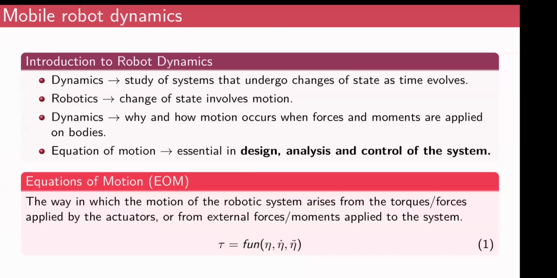Now we'll talk more about equations of motion. They describe the way in which the motion of the robotic system arises from torques or forces applied by the actuators, or from external forces and moments applied to the system, right? So it's basically a mathematical representation of a mobile robot.